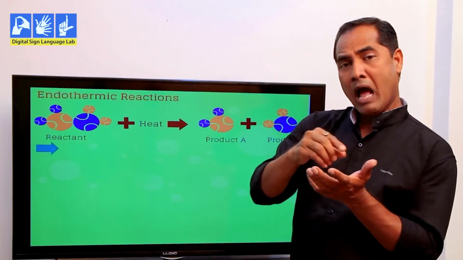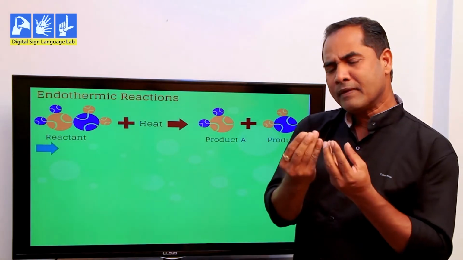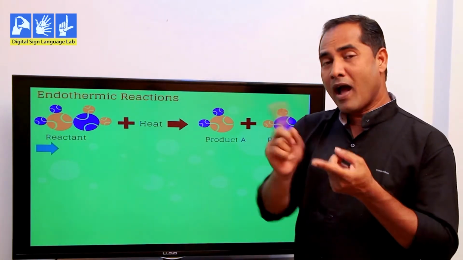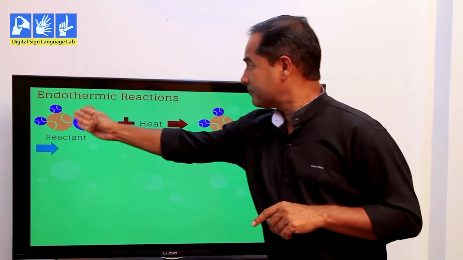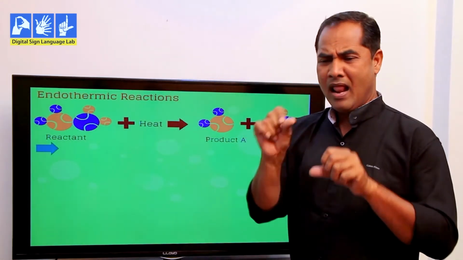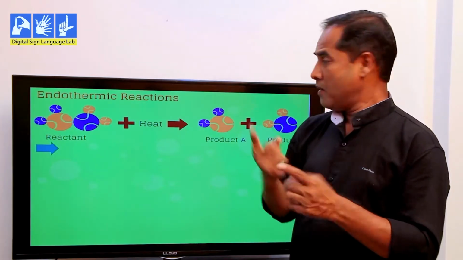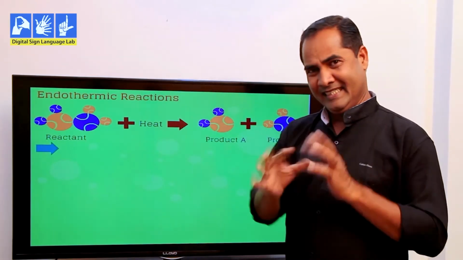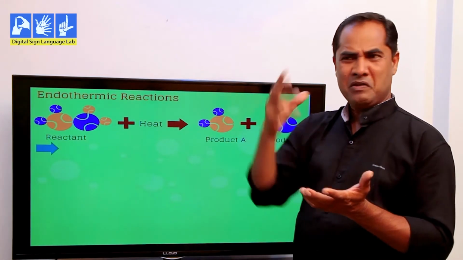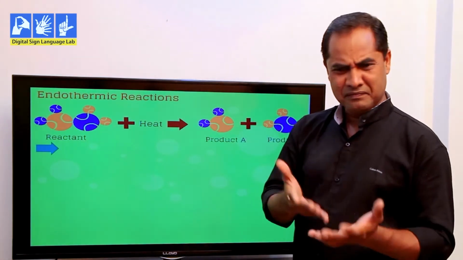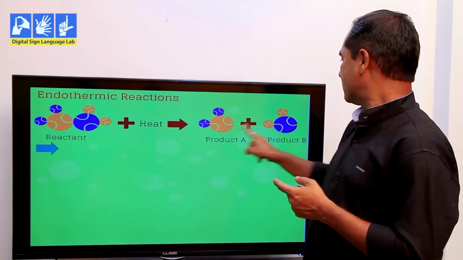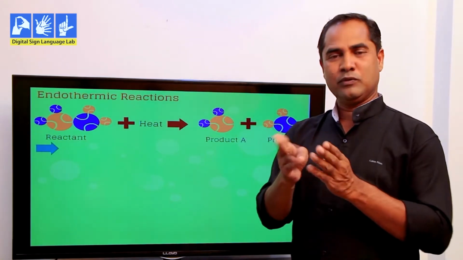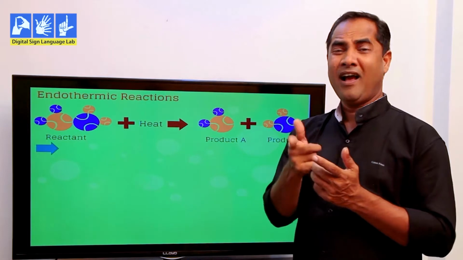So we have to provide heat for the reaction to occur. So here you see any reactant or chemical. When we apply heat to it, it could be sunlight, it could be heat from coal or burning, it breaks down into two or more products.